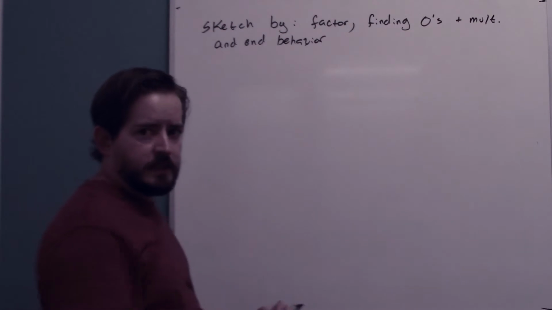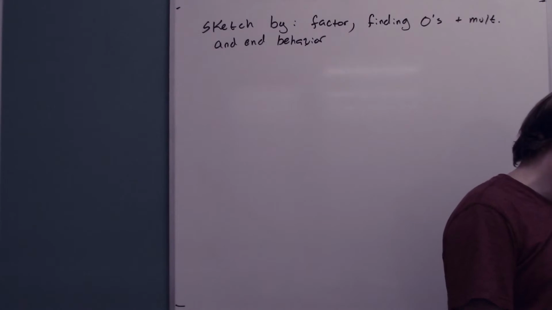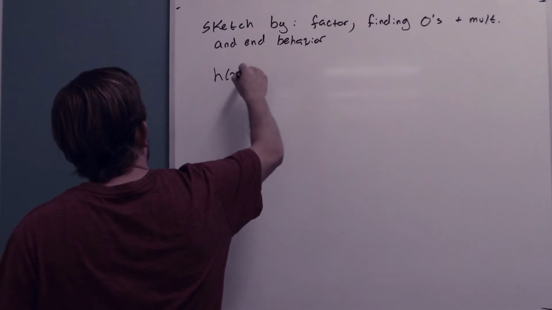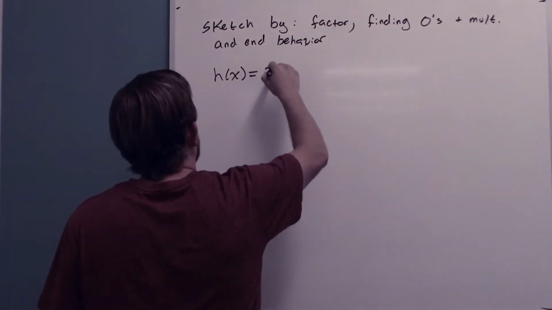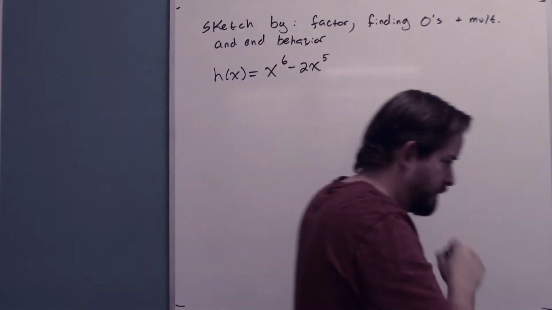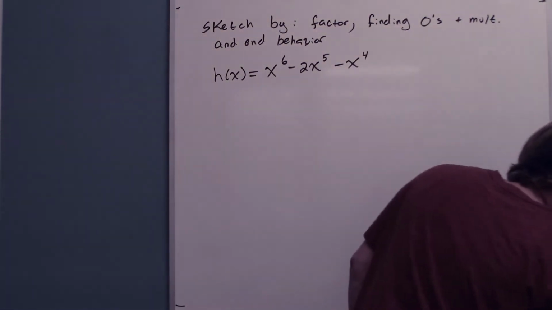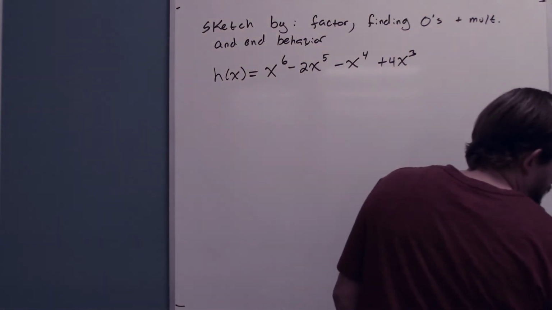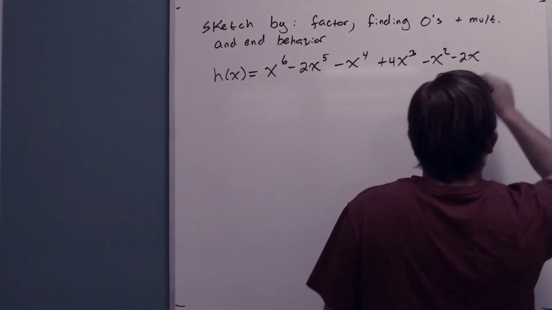Okay. So let's take one of these. We'll do the hard one, which looks like the last one, h of x. So h of x equals x to the 6th minus 2x to the 5th minus x to the 4th plus 4x to the 3rd minus x squared, minus 2x, plus 1.